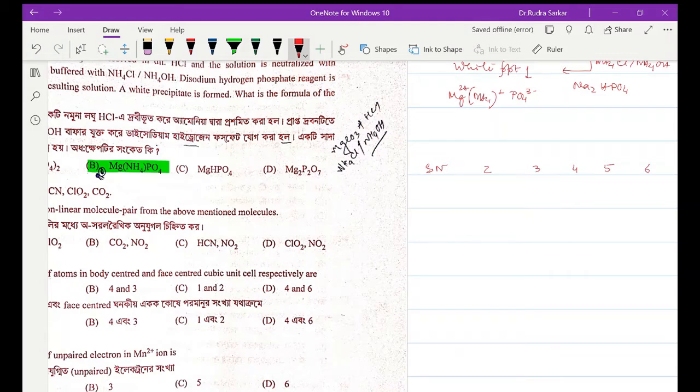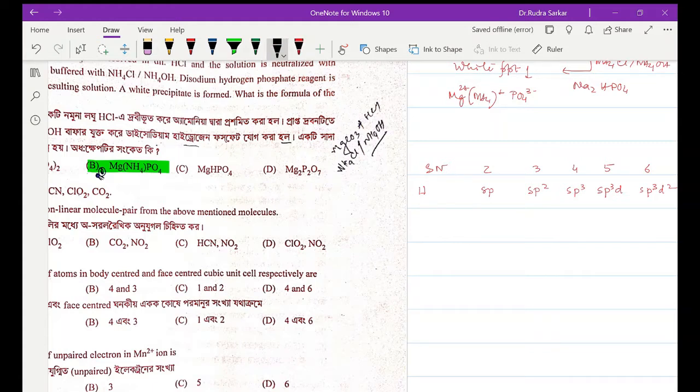Now for that the hybridization is going to be sp, sp2, sp3, sp3d, sp3d2.